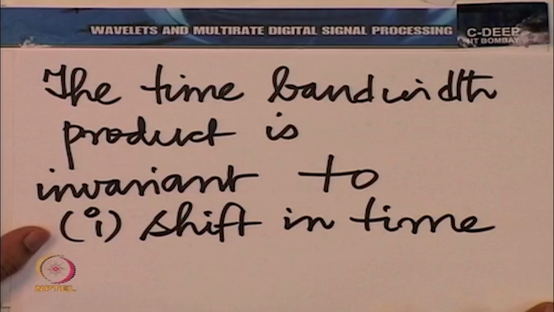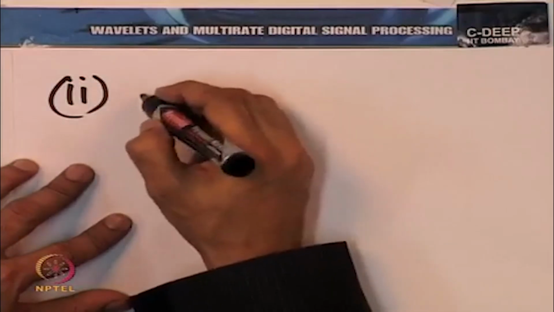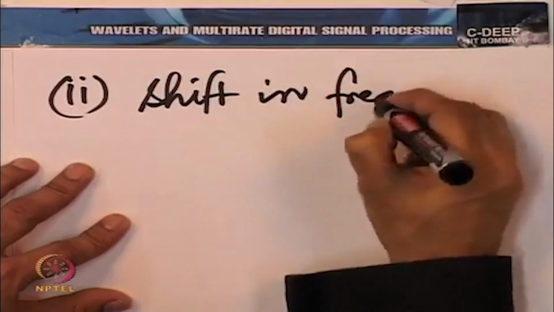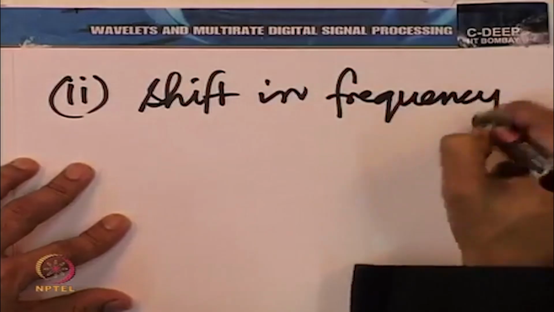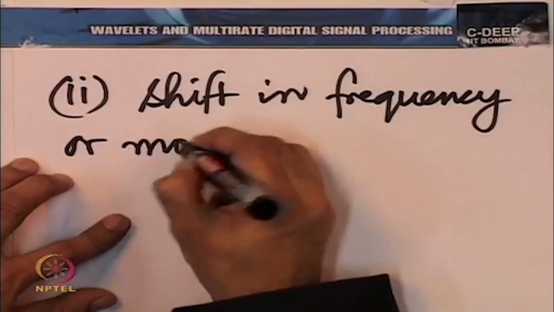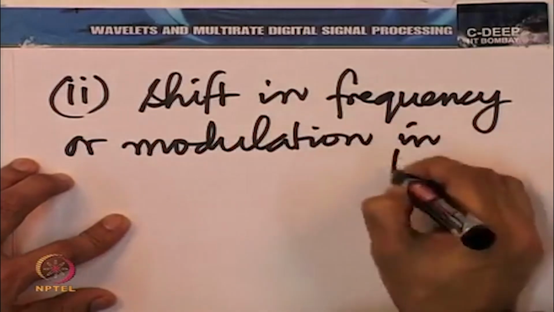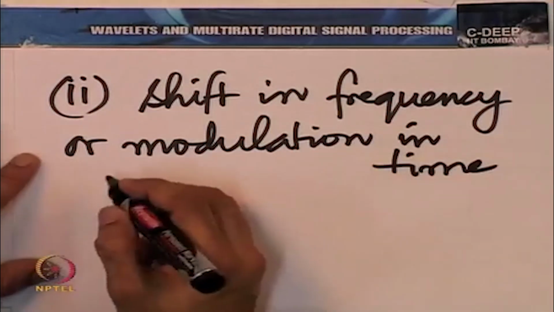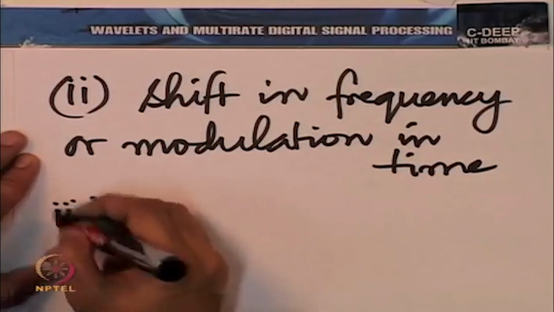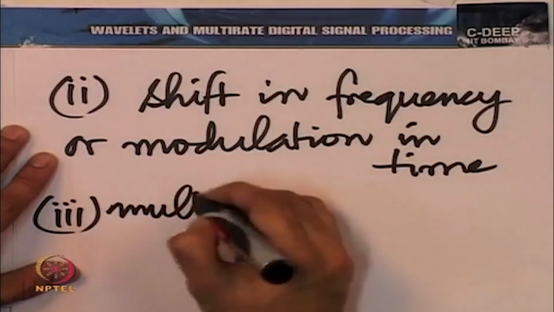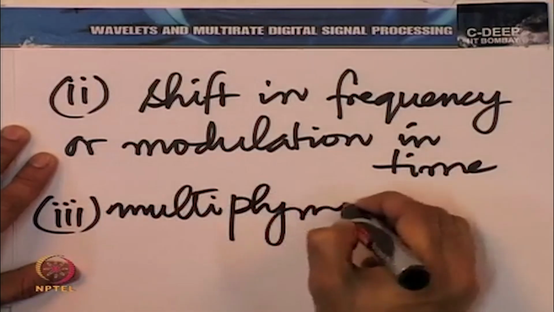Number 2, shift in frequency, or modulation in time. Number 3, multiplication by a constant, multiplying the function by a constant.